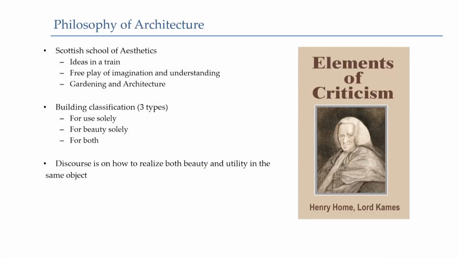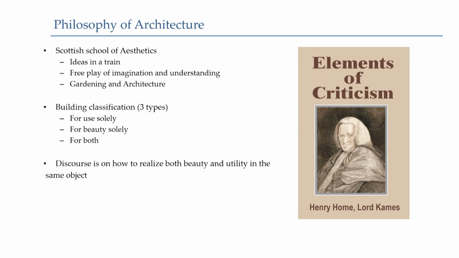So, Scottish School of Aesthetics talks about these ideas in a train, and then he says that there is a free play of imagination and understanding. This imagination and understanding together play a role in architecture and in aesthetics.